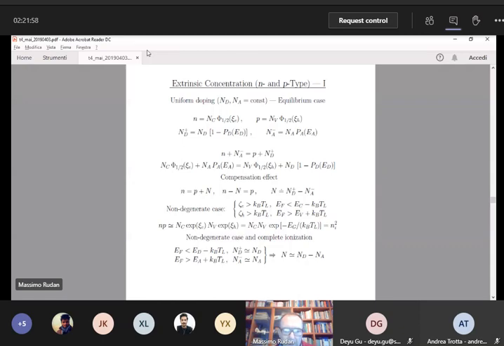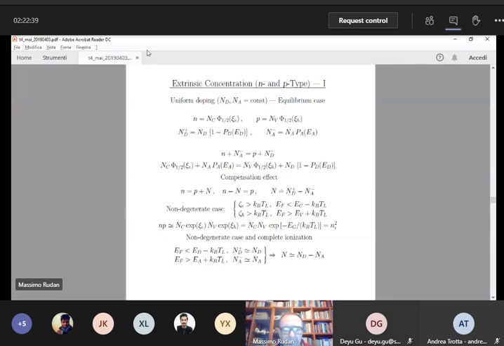The compensation effect tells you that if the donor type of doping prevails, then the semiconductor behaves as if it was doped only of the donor type with the concentration equal to the difference. If instead N is negative, the compensation effect tells you that when the acceptor concentration prevails, then the semiconductor behaves as if it was doped with acceptor atoms only, with the concentration equal to the difference.